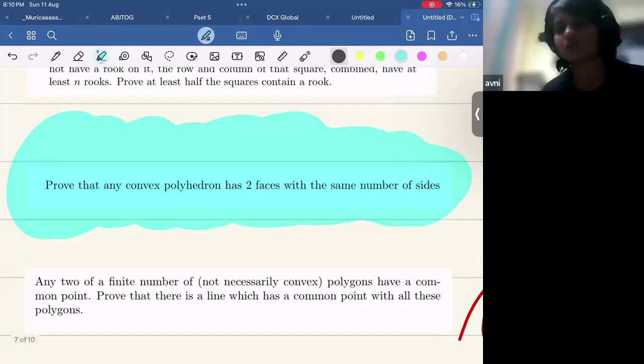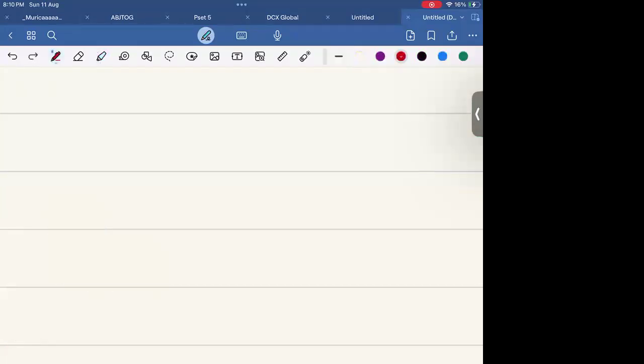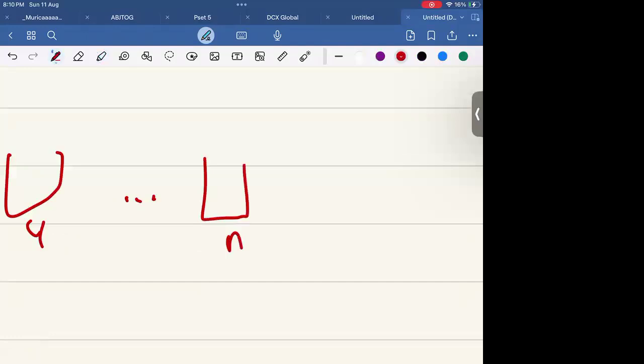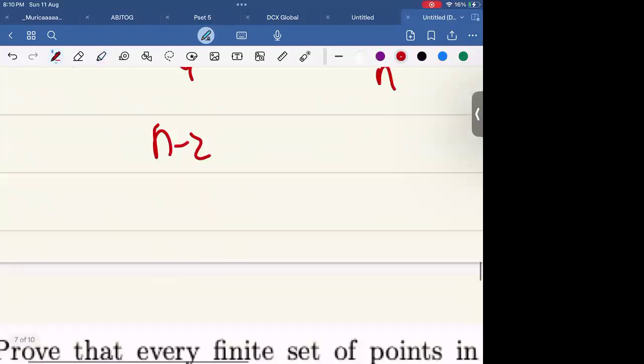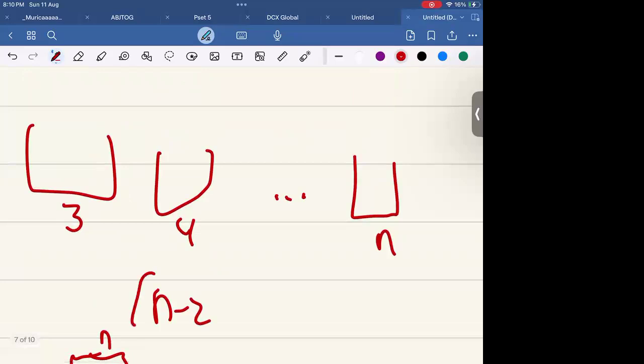So you have pigeonholes from 3, 4 till n. Now these are n minus 2 pigeonholes. And if we show that the maximum number of sides a face has is n, we want to fit at least n minus 2 pigeons, which are the faces, into these pigeonholes. Does anyone know how to finish from here?